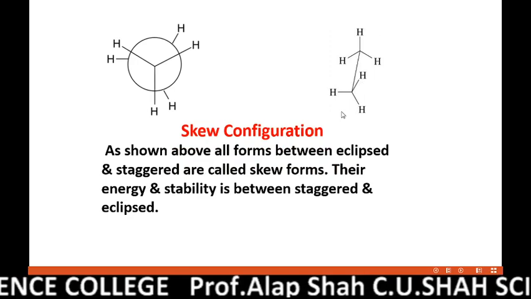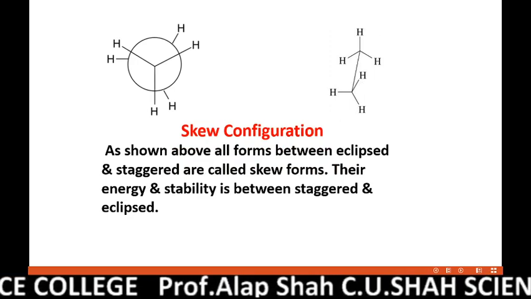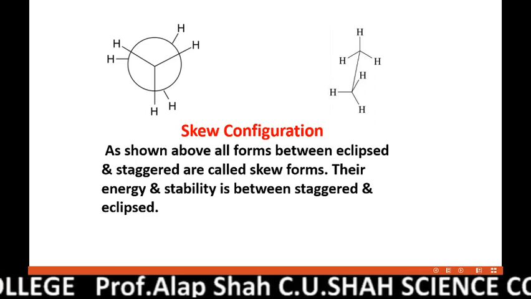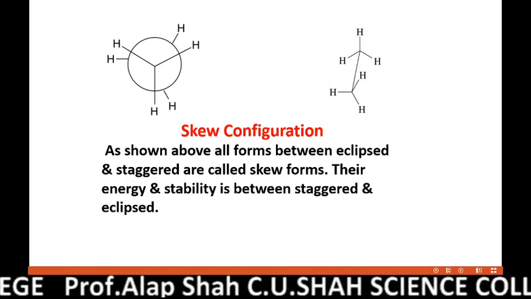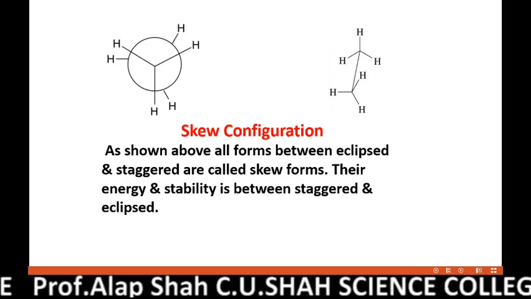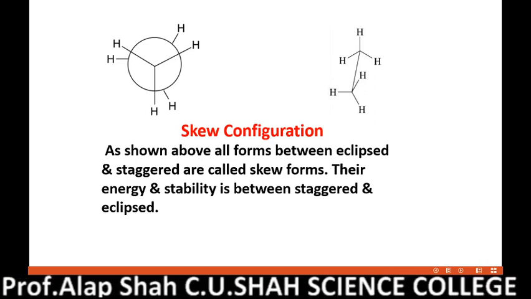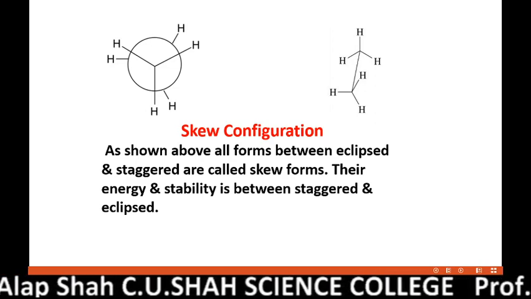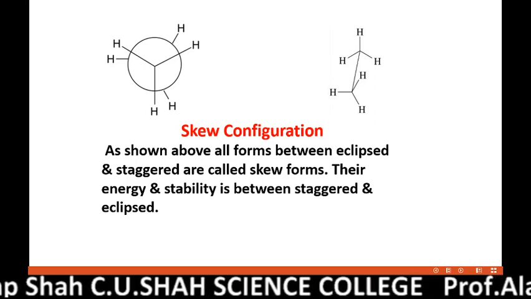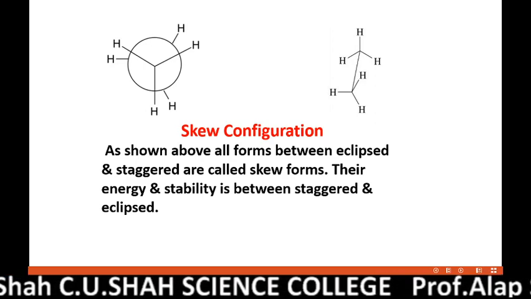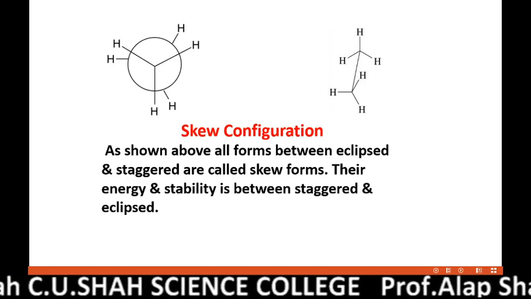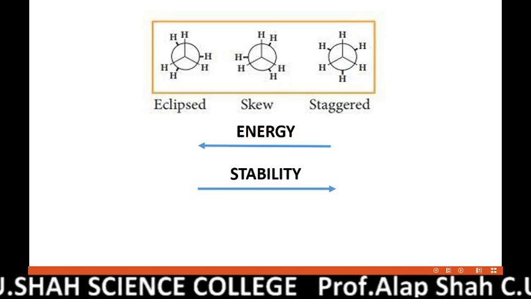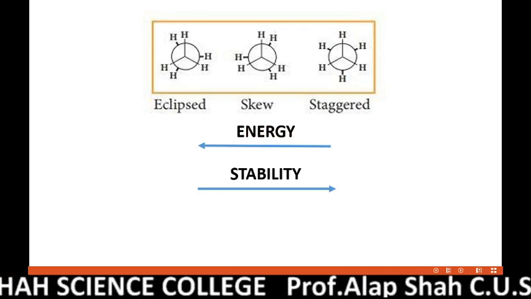So now you can guess the stability of the skew conformer must be lower than the most stable staggered, but must be more than the least stable eclipse conformer of ethane. Thus, you should discuss these three conformers of ethane: most stable staggered, least stable eclipse, and many skew which are in between.